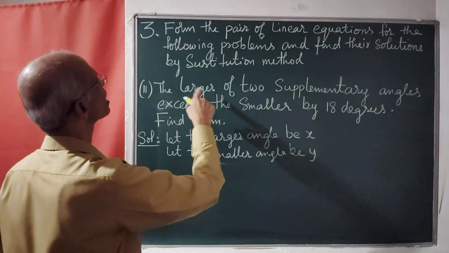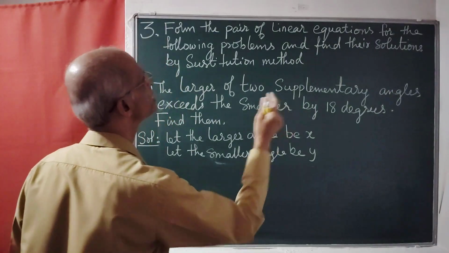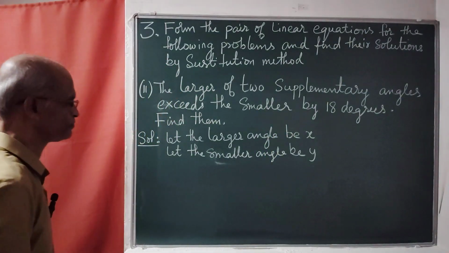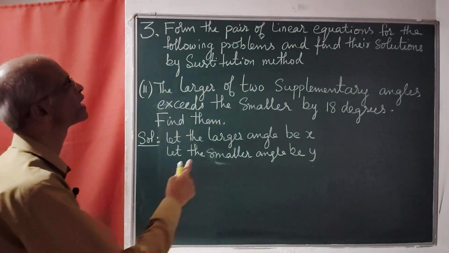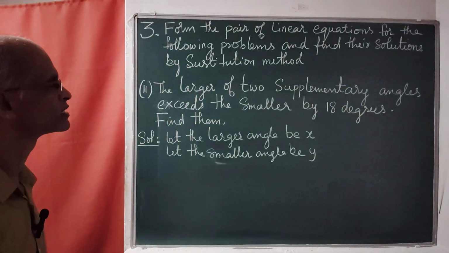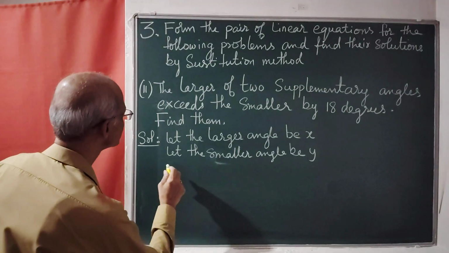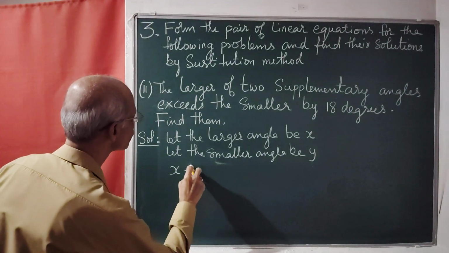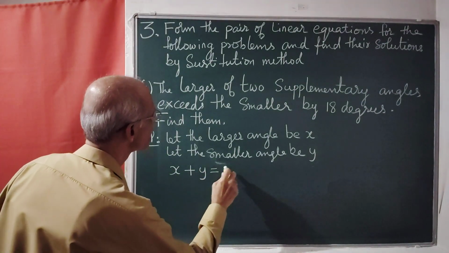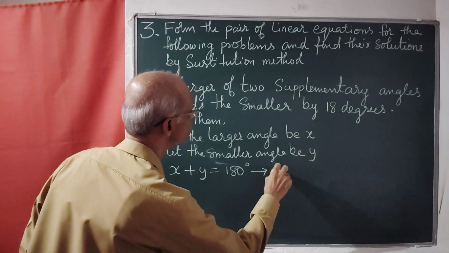The larger angle exceeds the smaller one by 18 degrees. So now they are supplementary angles. It means their sum is equal to 180 degrees. So I can get the first equation, x plus y equal to 180 degrees. This is the first equation.